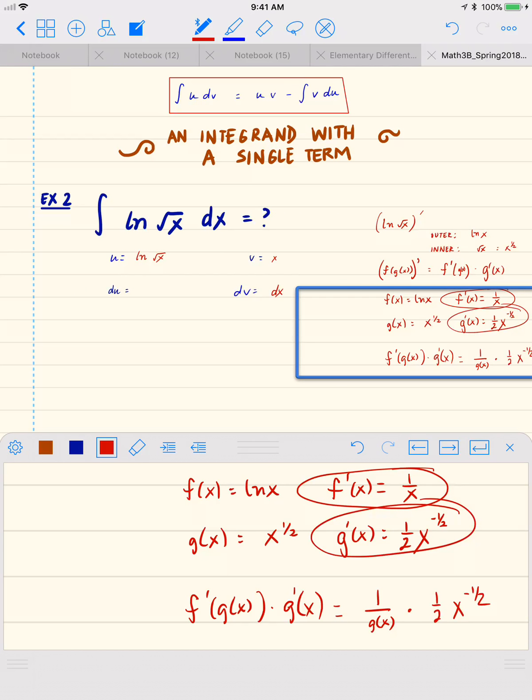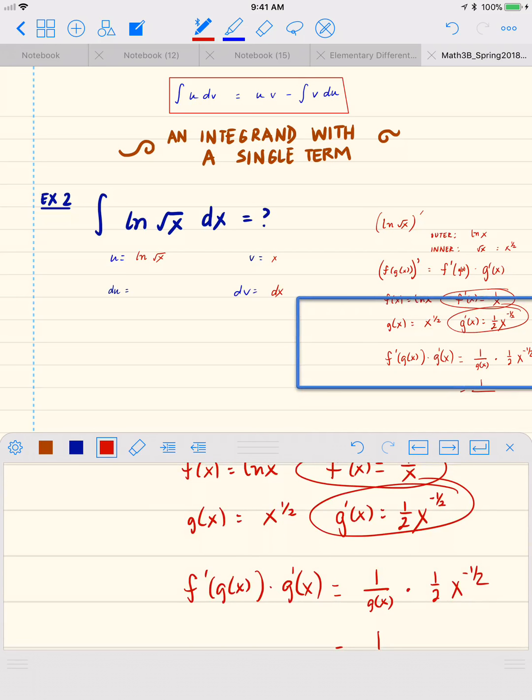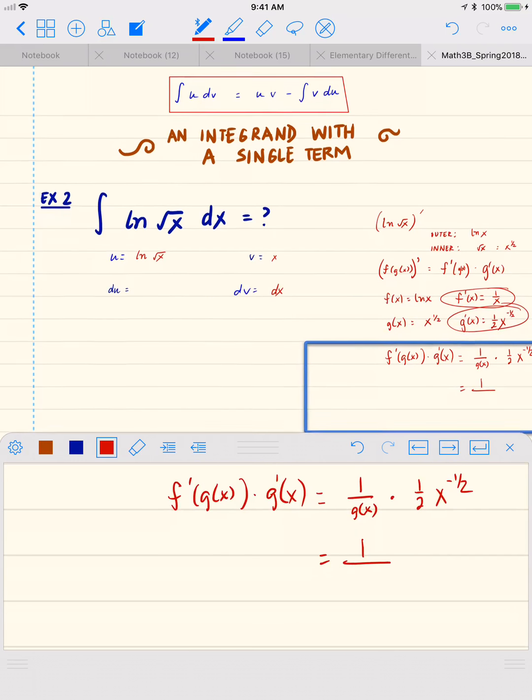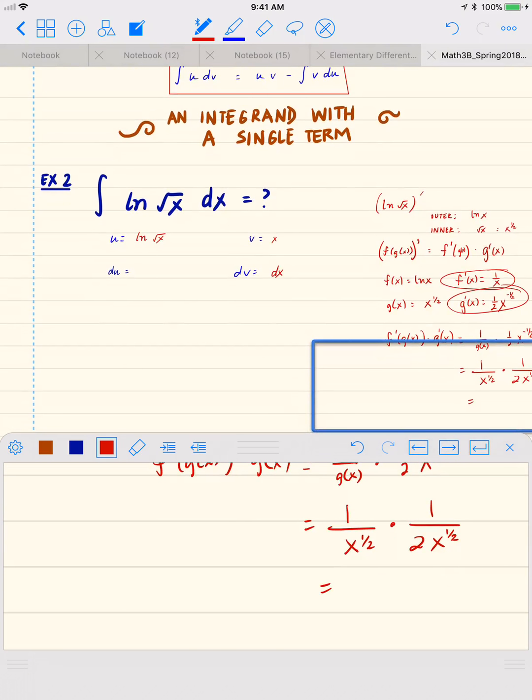Okay, and then what is 1 over g of x? That's going to be 1 divided by x to the 1/2, times 1/2 x to the minus 1/2. So our derivative ends up being 1 over 2x.